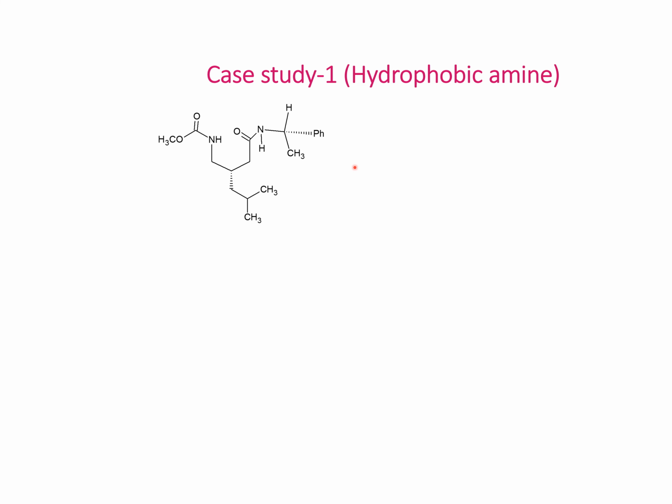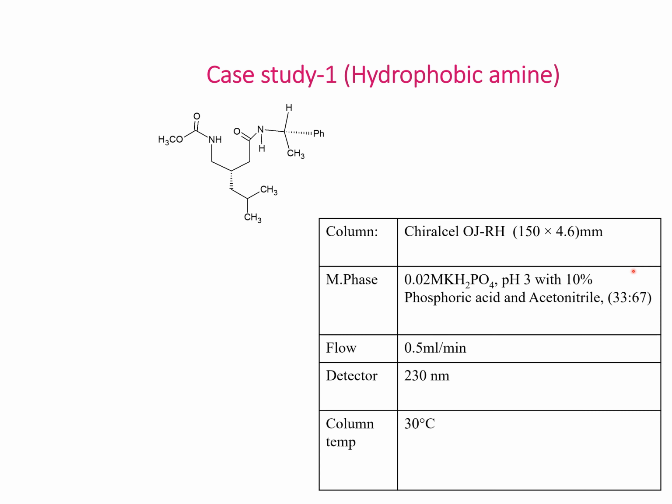Acetonitrile can be taken as the organic solvent. To increase the separation, one can decrease the ratio of acetonitrile, decrease the injection volume, or decrease the column temperature.